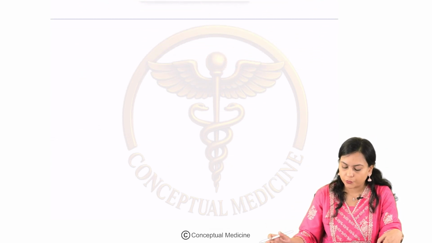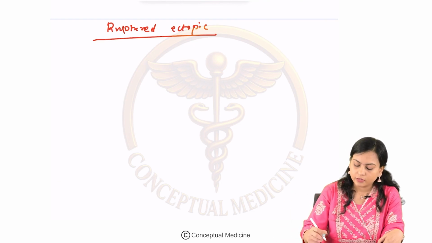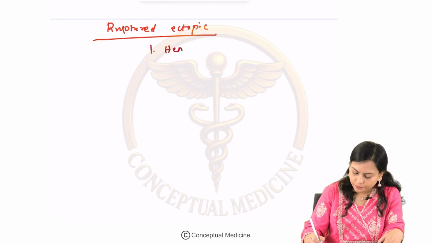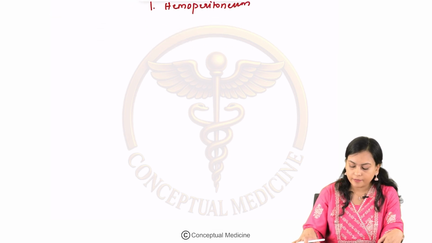Okay. So, why I wanted to tell is, we are going to discuss some of the features of a ruptured ectopic also. When an ectopic goes for rupture, there occurs hemoperitoneum. The blood is going to come out, and that is going to lead to hemoperitoneum.